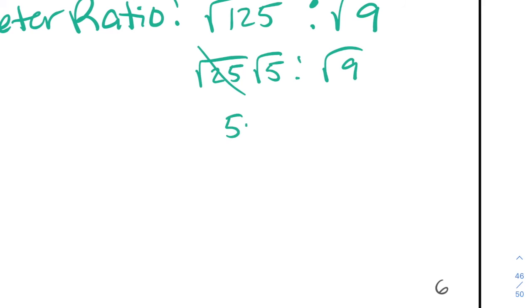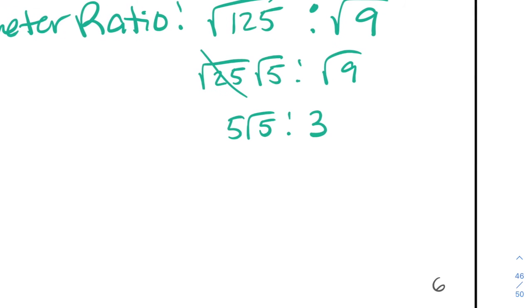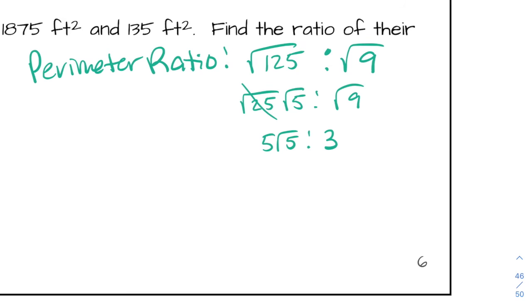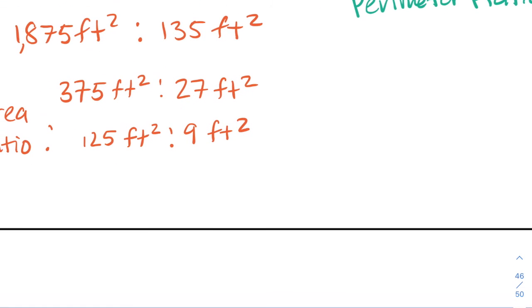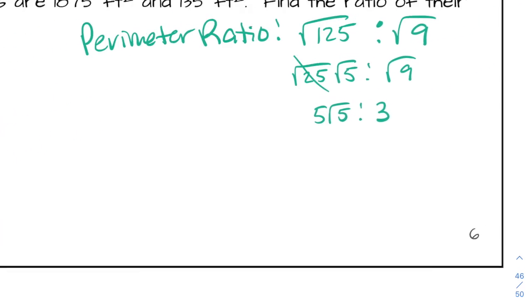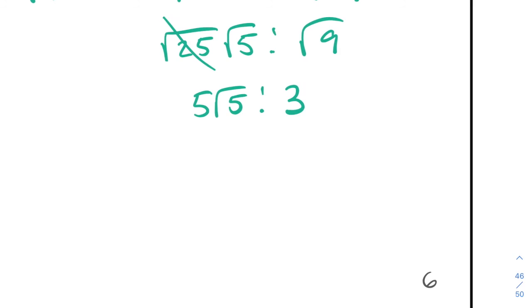So we get 5 square roots of 5 is to 3. I don't like that as an answer, because you don't normally have a radical on one side. So we're going to square this, and we're going to square this, and we'll fix it.